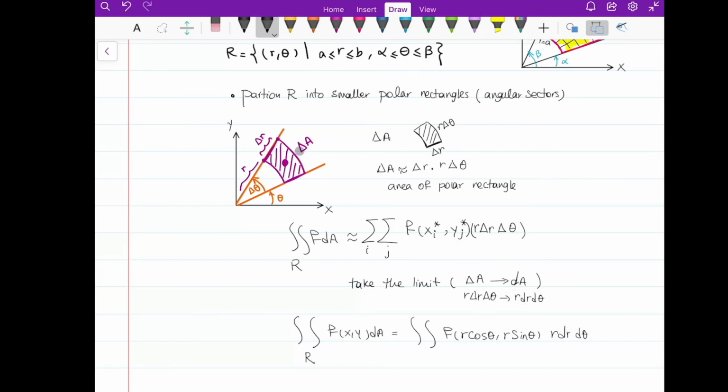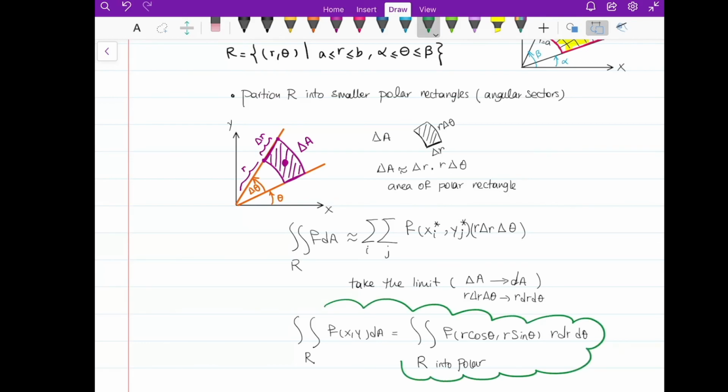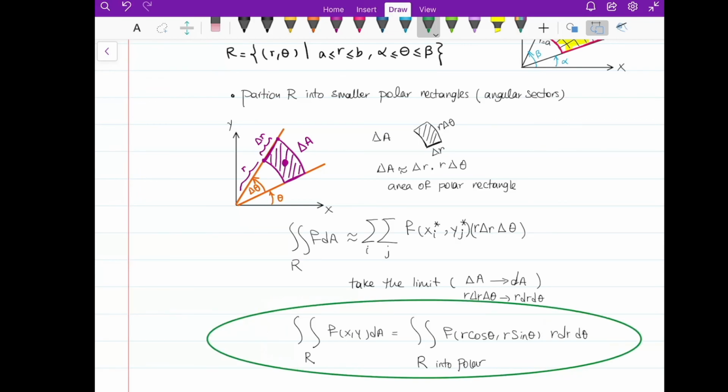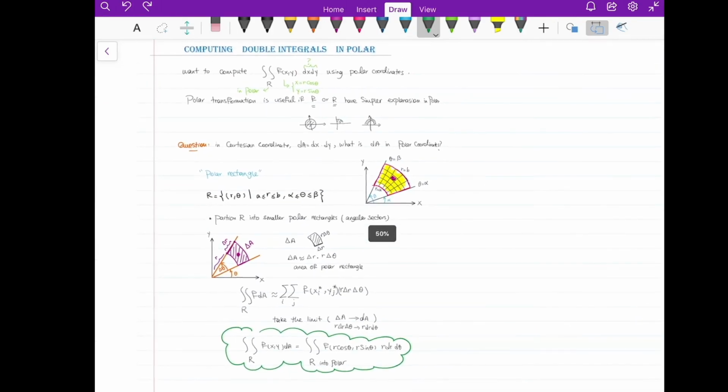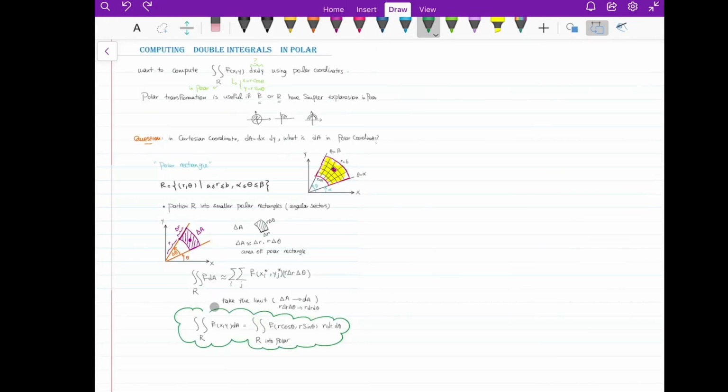Based on that definition, we change into polar. So that's how we compute a double integral in polar coordinates. In the next video I'm gonna solve some examples, and then you will see how we can calculate that.